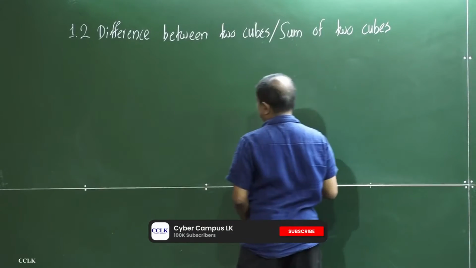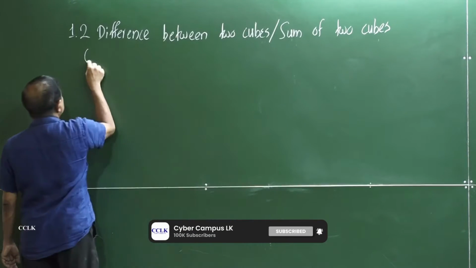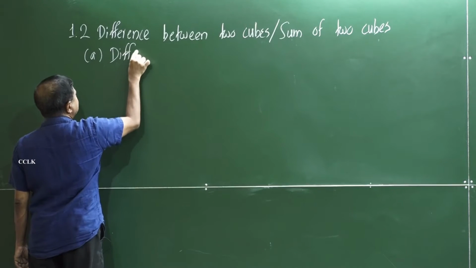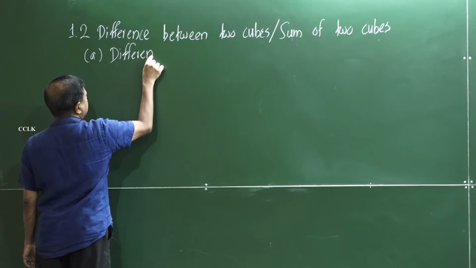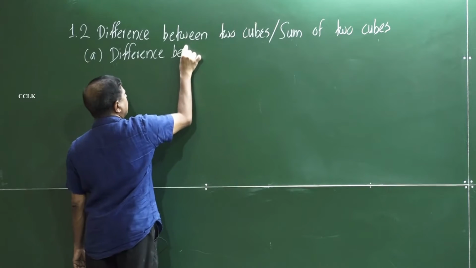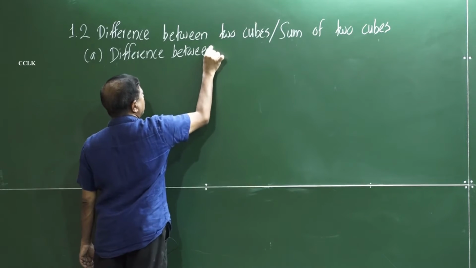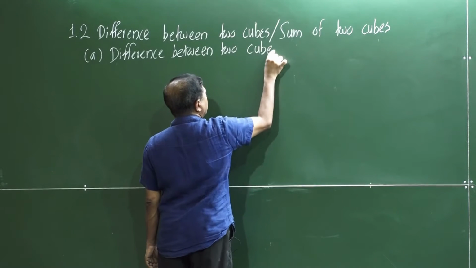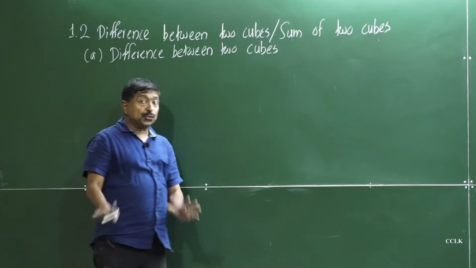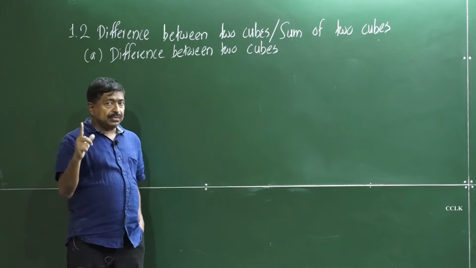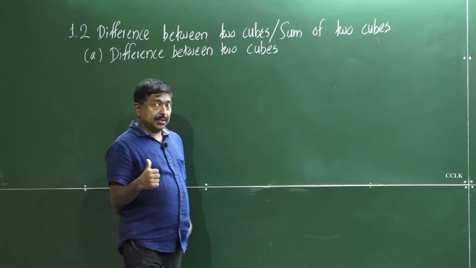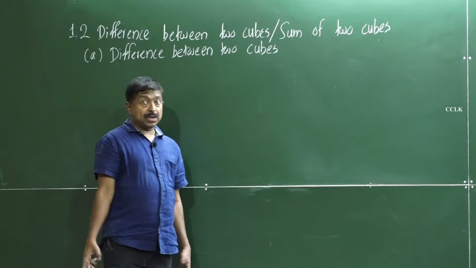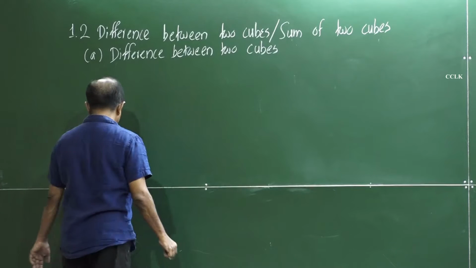So there are two parts here. Let's take part A as the difference between two cubes. Essentially, this would be tougher. However, it turns out that this is easier than the difference between two squares. How come? We'll see.